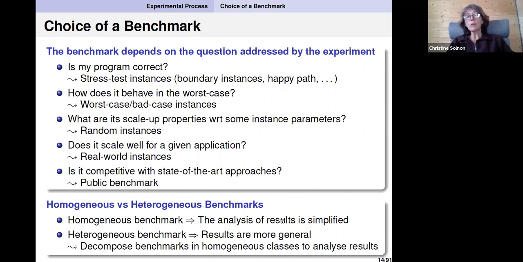But of course, the results are not very general, because they only apply to a very specific class of instances. So usually we prefer to experiment on heterogeneous benchmarks to obtain more general results. But in this case, the analysis of results is more difficult. So we will see that we have to decompose the benchmark into homogeneous classes when analyzing the results.